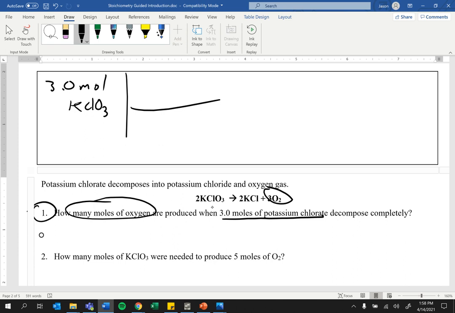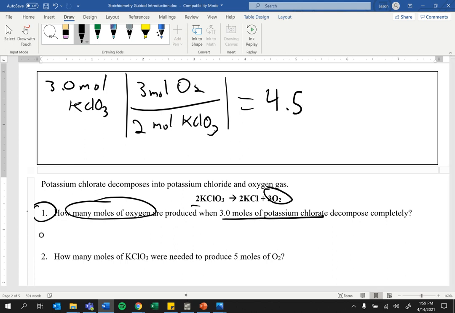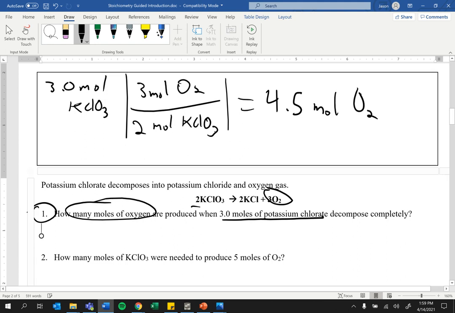And I know that according to these numbers right here, for every 2 moles of KClO3, I will produce 3 moles of O2. So that in total, when I multiply 3 times 3 divided by 2, that's going to be 9 divided by 2. It ends up being 4.5 moles of O2.